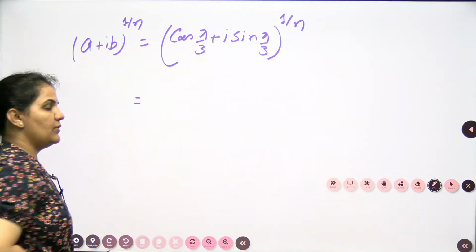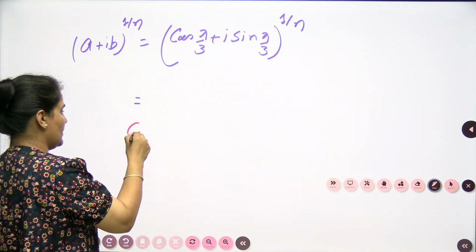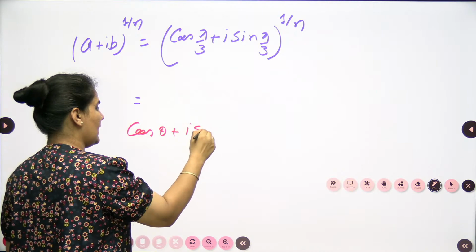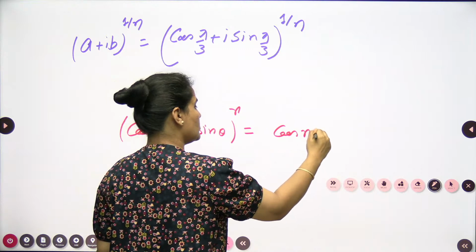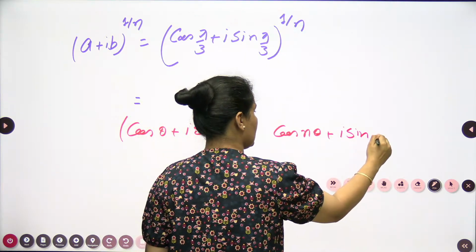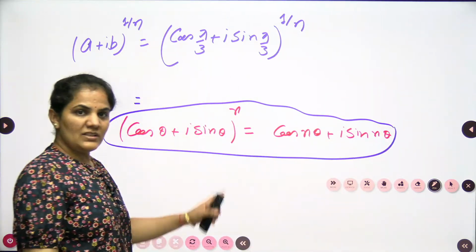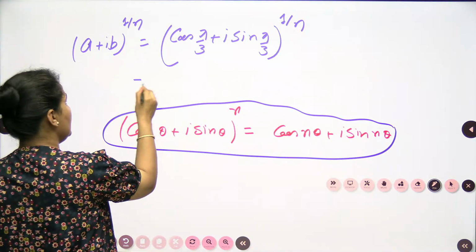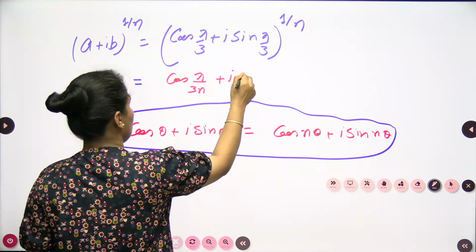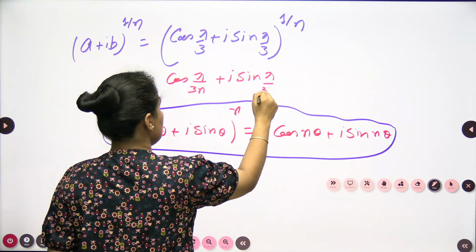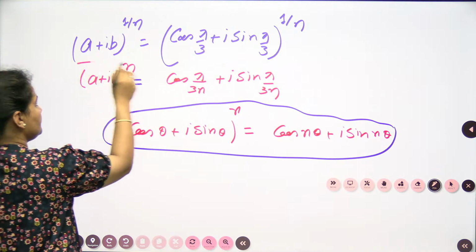We know very well, in de Moivre's theorem, cos theta plus iota sine theta power n can be written as cos of n theta plus iota sine of n theta. So the same thing will become cos pi by 3n plus iota sine pi by 3n. This is the value of a plus iota b power 1 by n.